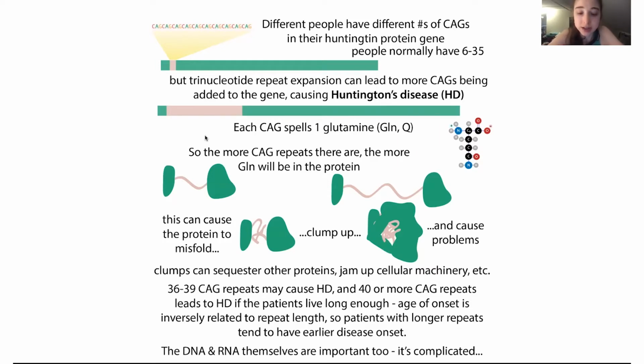Huntington's disease is a really awful disease, and it causes both cognitive and motor problems, neurological problems. It's sometimes described as the symptoms of Parkinson's and ALS combined. These patients gradually lose their cognition and motor functions, and it's a really horrible disease.